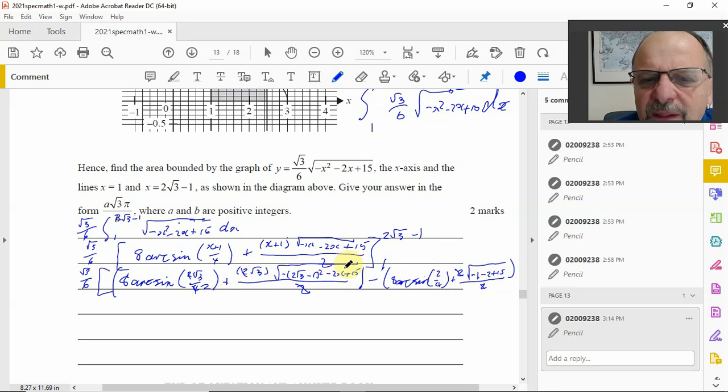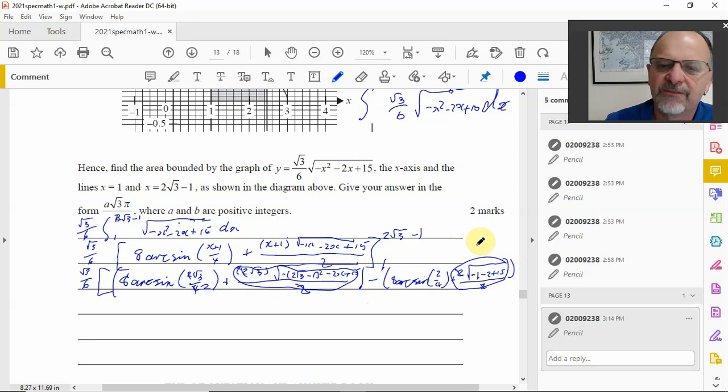All right, so what do we end up with? Well, it turns out that when you simplify this one here and this one here, they both turn out to be the same value. Because we're subtracting, they actually cancel each other out, and so we're left with root 3 on 6.